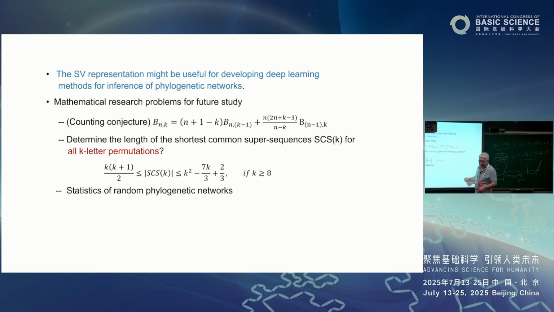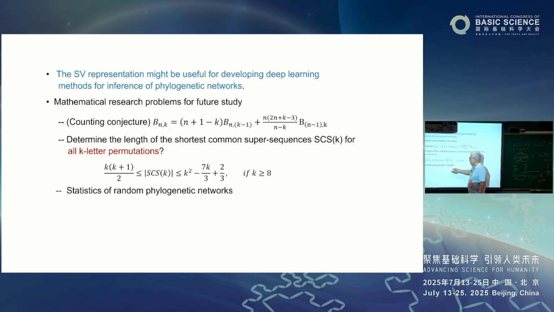A permutation means each character only appears once. The length is k square plus something minus something. I think it's probably k square minus some constant times log n, something like that, right? This is also an open problem.